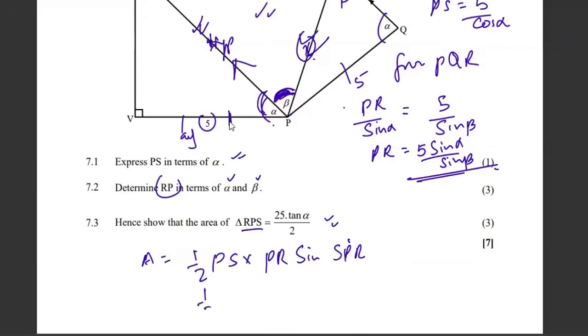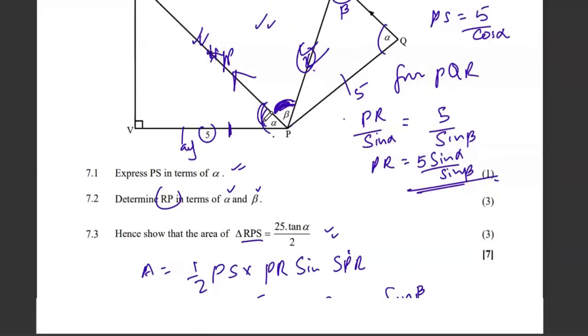So it's a half, our PS was 5 over cos alpha, the PR is 5 sine alpha over sine of beta, multiplied by the sine of beta.